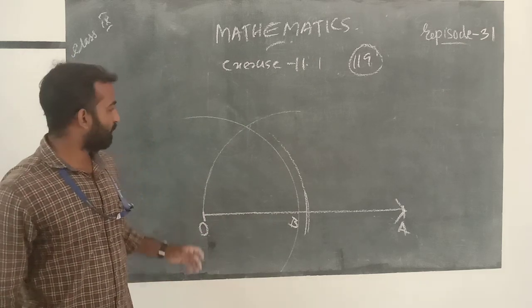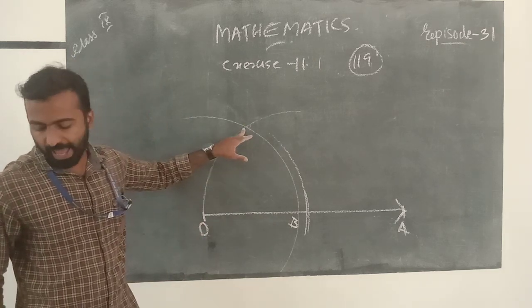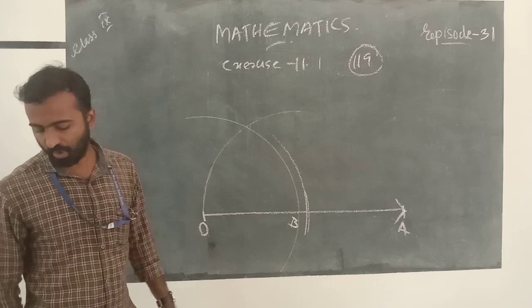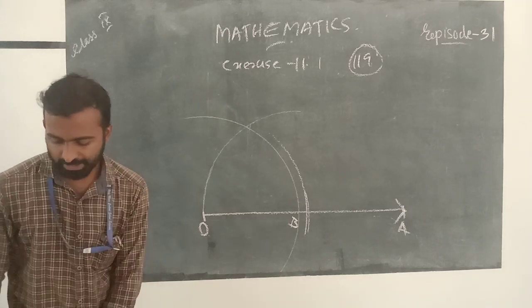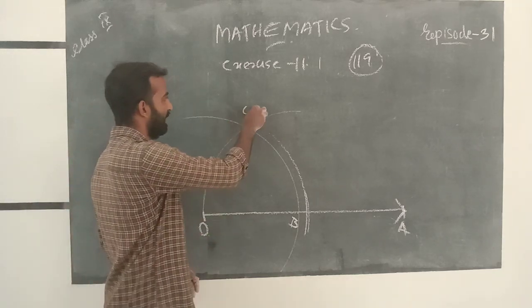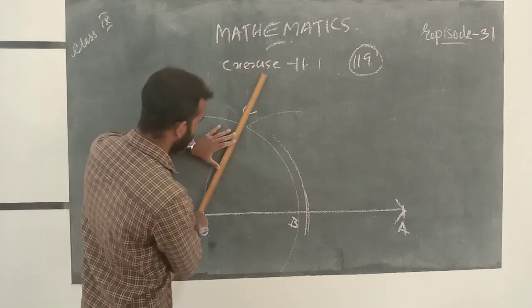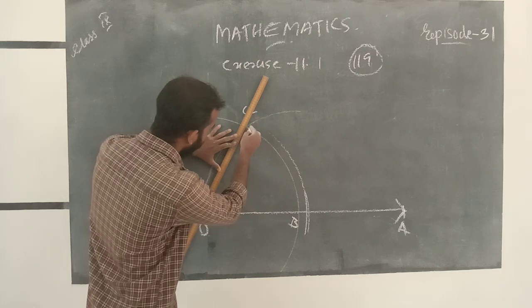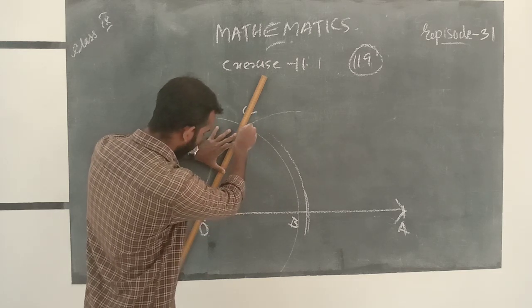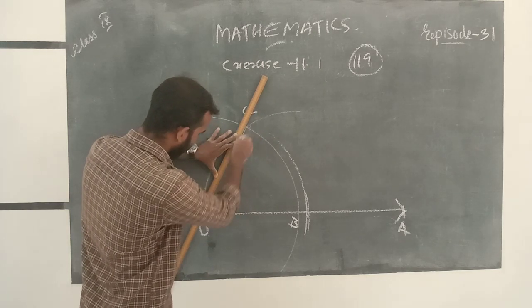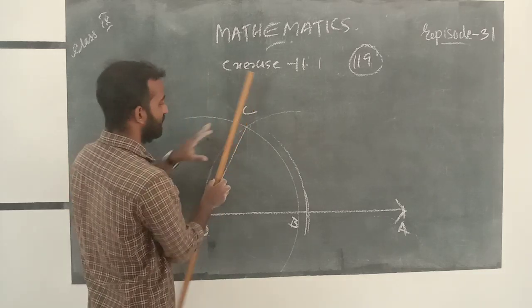Then these arcs meet at the point C. We join O to C and B to C.